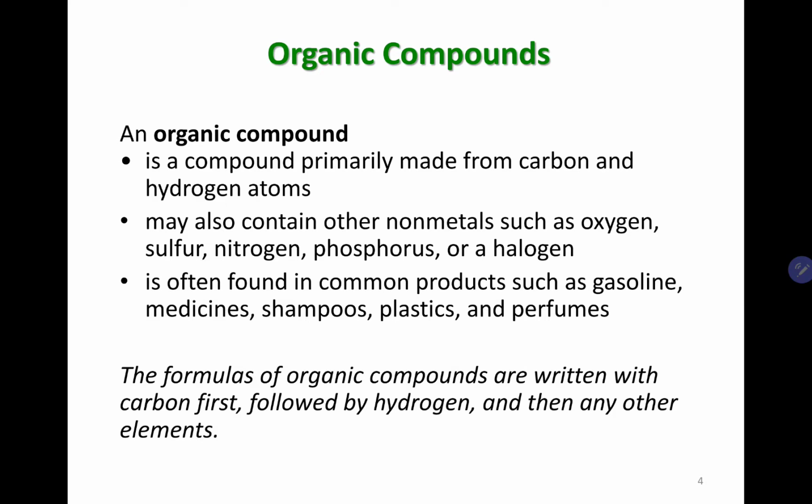So these are the most common elements that you will see in organic compounds. So basically organic compounds always will contain carbon and hydrogen, and sometimes certain organic compounds could have atoms such as halogens, oxygens, sulfur, nitrogen, and phosphorus.